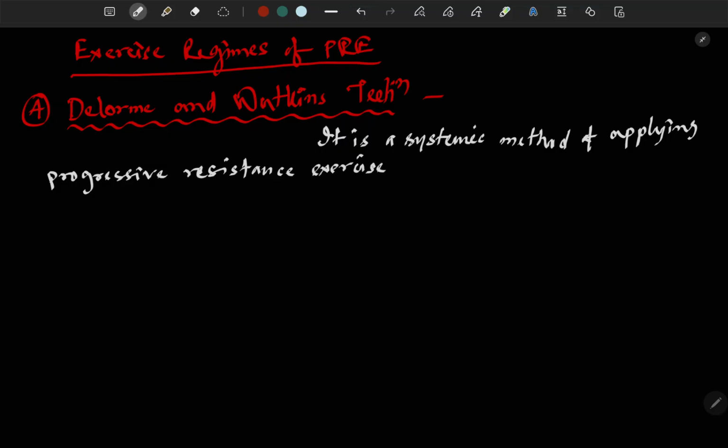It is a systematic method of applying the progressive resistance exercise starting from light to heavy.